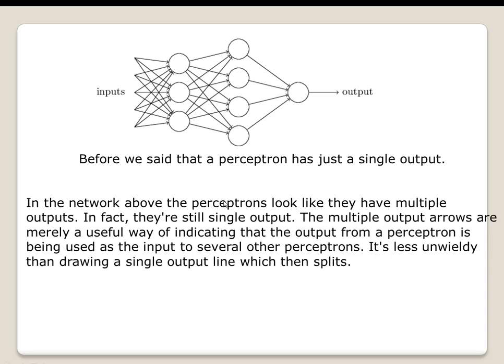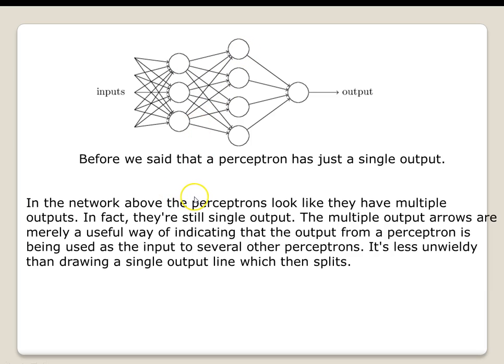So before we said that a perceptron has just a single output, but it looks like this one here has more than one output, right? But actually these are the same. The output goes here, goes here, goes here, goes here, but it's the same value. Okay, so it looks like it has different outputs, but actually there's only one thing coming out. It just goes to different places. Okay?